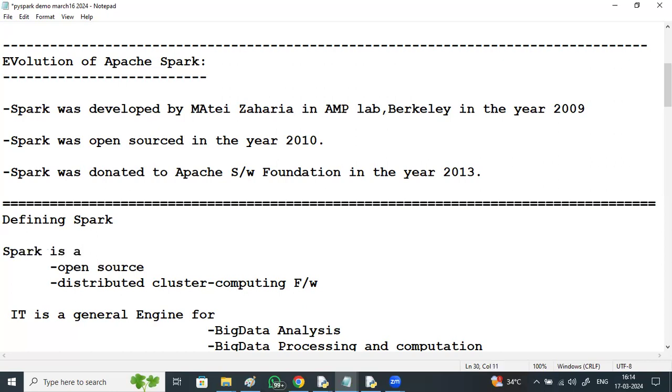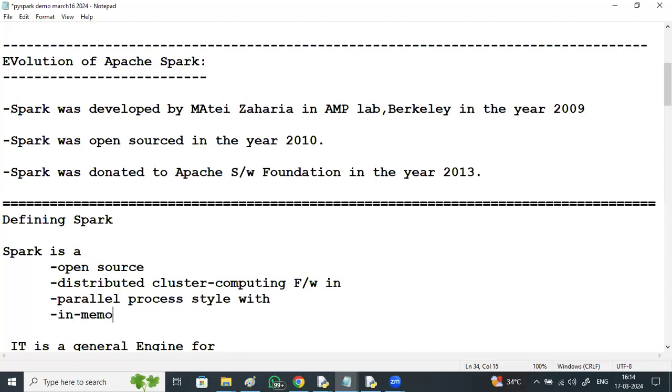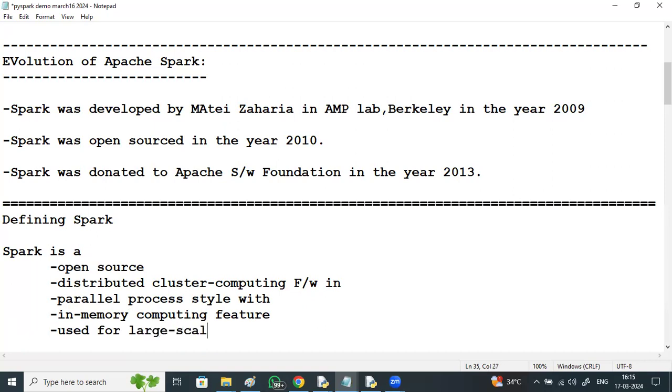Spark is an open source distributed cluster computing framework in parallel processing style with an in-memory computing feature, used for large scale data processing, right?